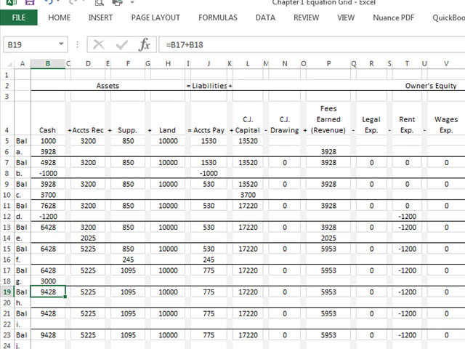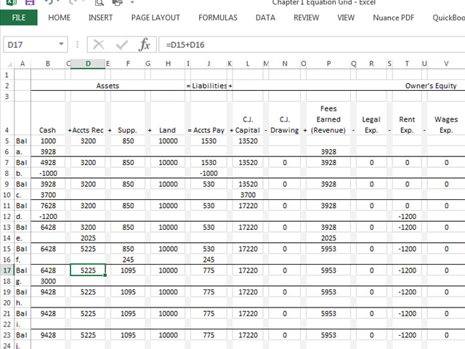Well, earlier we had a balance of $3,200 in accounts receivable, and we increased it by $2,025. We now have a balance of $5,225 in accounts receivable that represents the amount of money that clients owe us. When we bill them or charge them on account, we create accounts receivable.